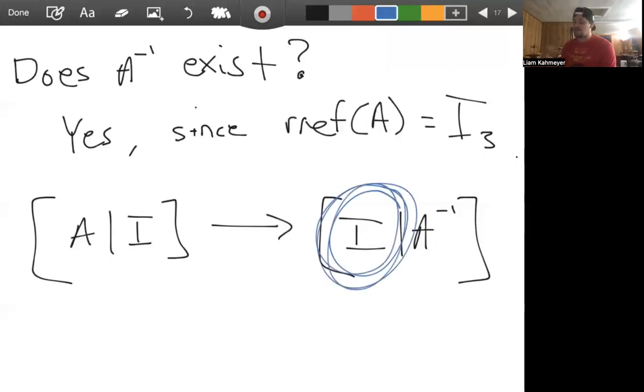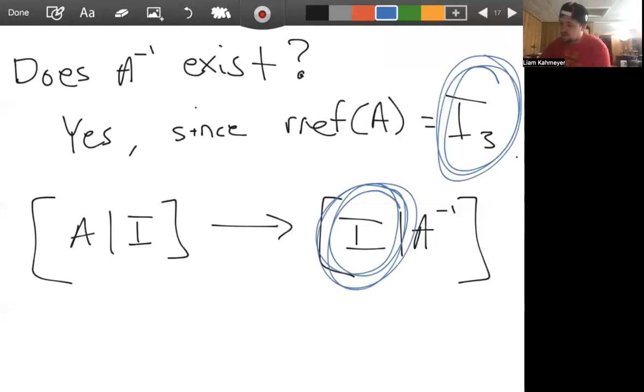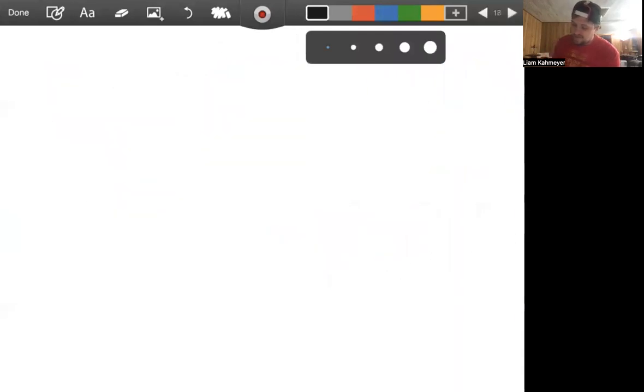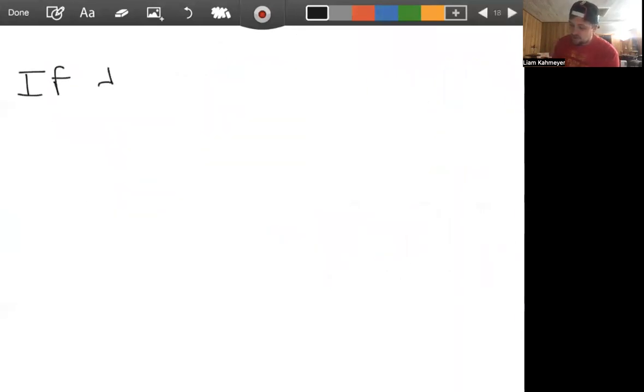And we've seen that it is in this case, which means that the inverse does exist. Another way to determine it is if the determinant of A is not 0.